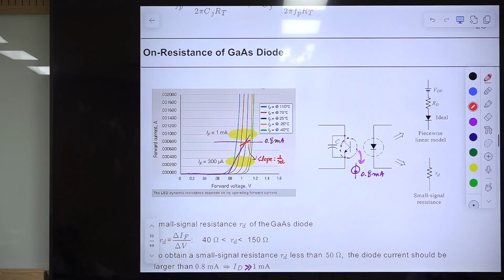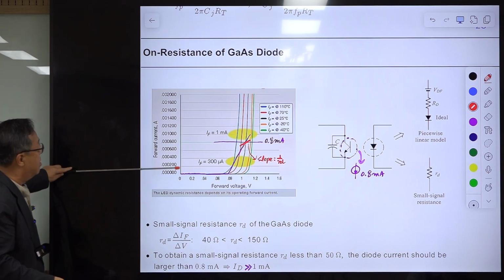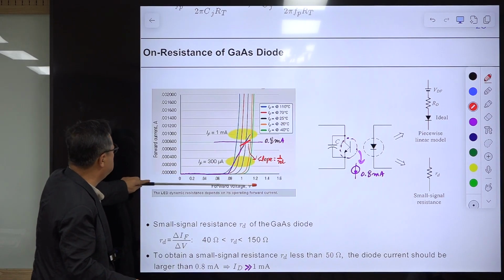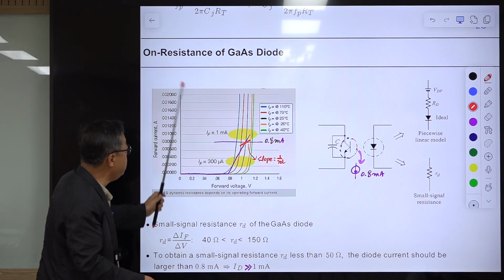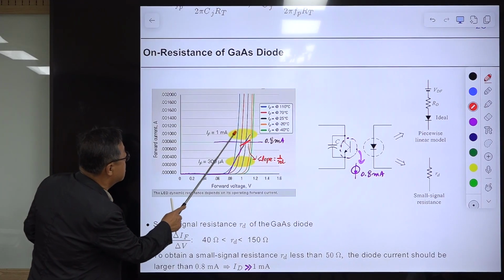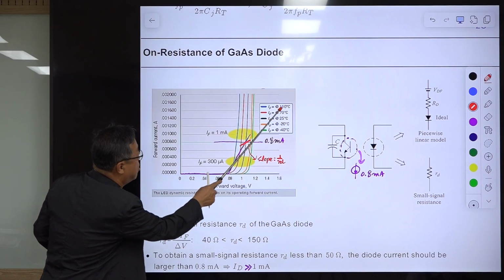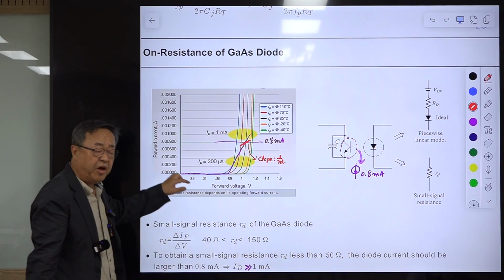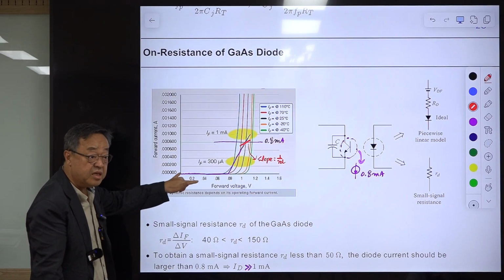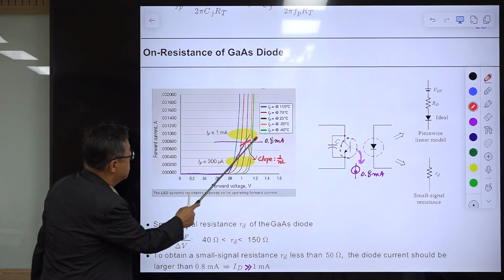Okay. Another one is about this gallium arsenide diode, the IR diode. Okay. This is the typical curve. This is the forward voltage. This is the forward current. Okay. So there are many curves, depending on this column. But this is very sensitive to everything, all right? So select one.